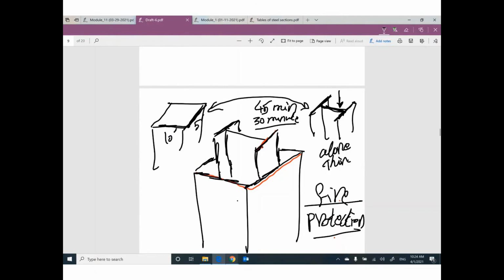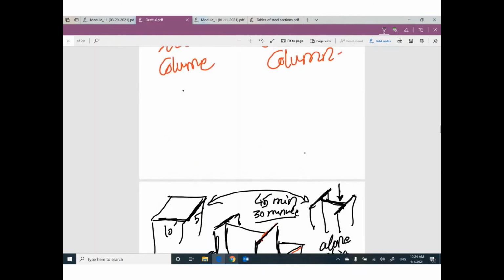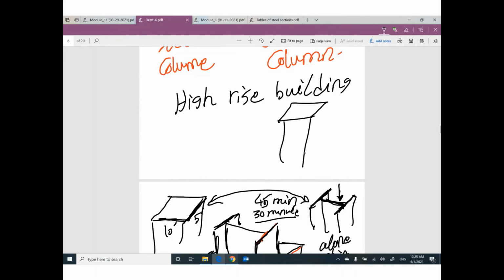But to be honest with you, to give you a direct answer, composite columns will be used in high-rise buildings. You are talking about buildings with 30 or 40 floors and above.